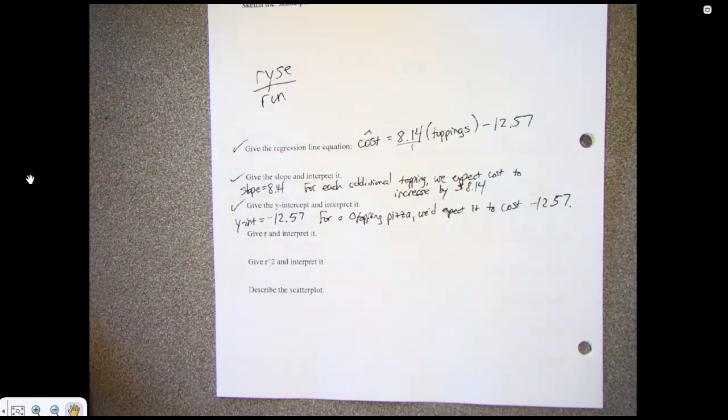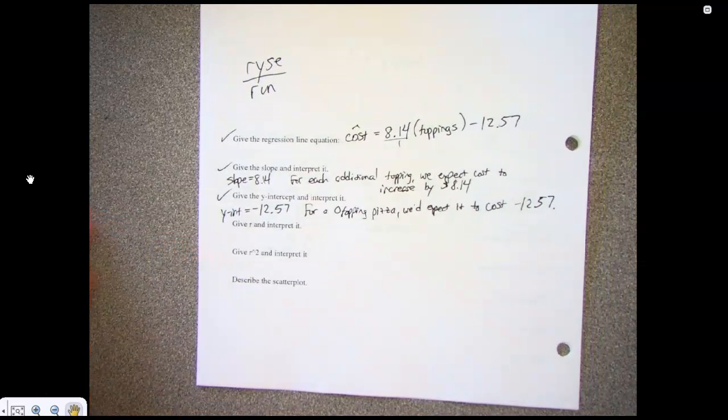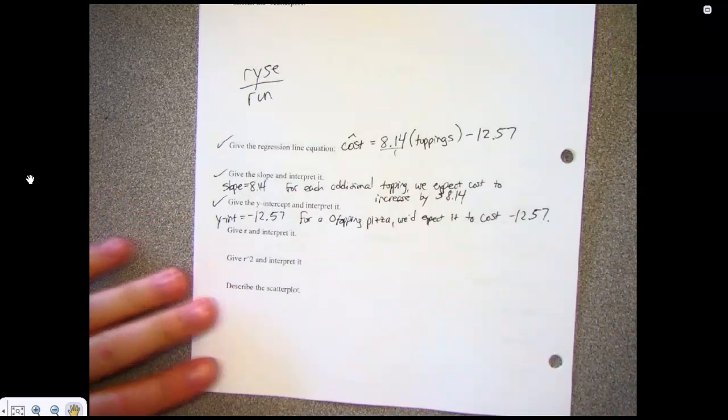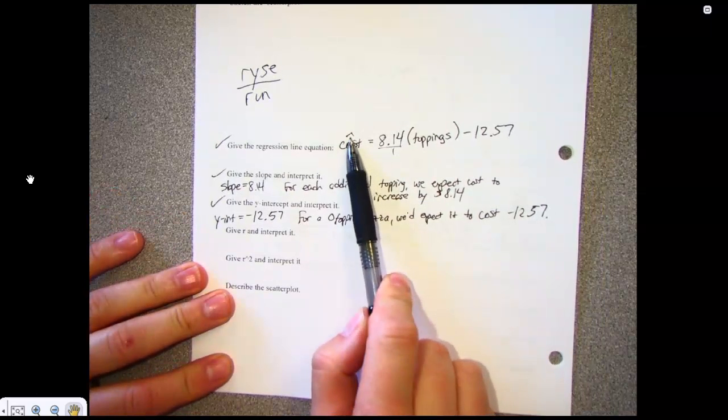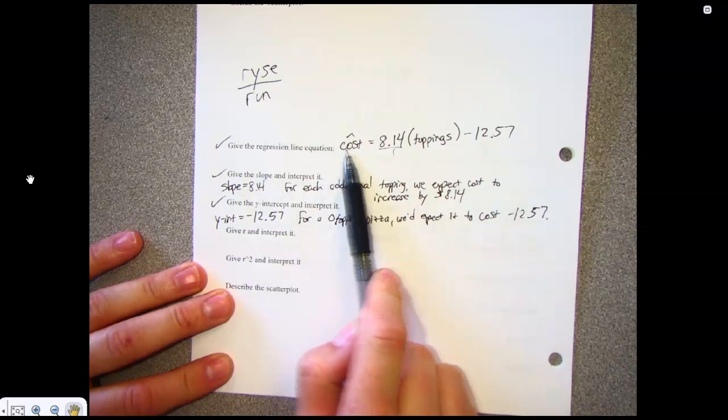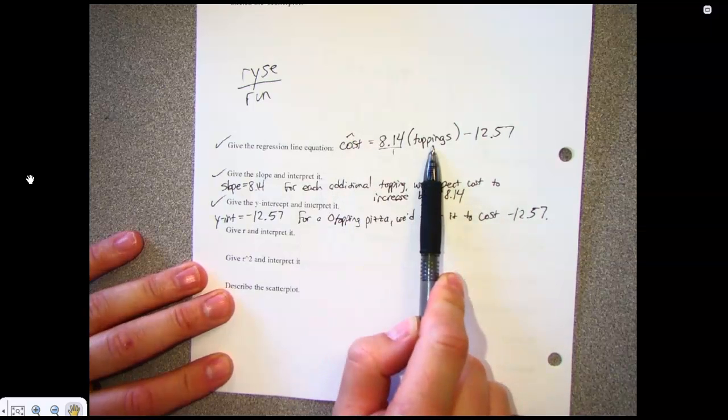You need to figure out slope right now. I got it. All right. So, I mean, I can talk through it, but it's up there. Predicted cost, make sure you have predicted here with the little hat on top. Cost is the Y value, 8.14 times topping is the X value, minus 12.57.